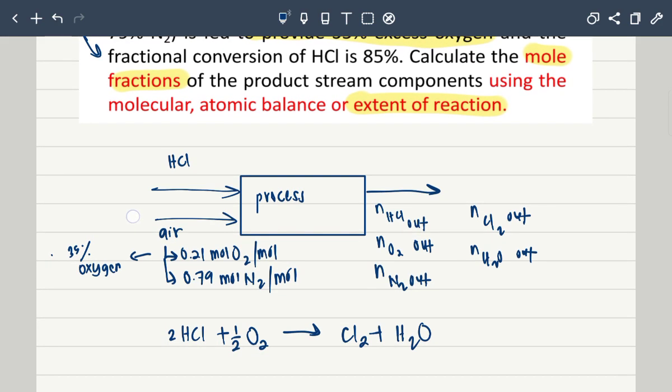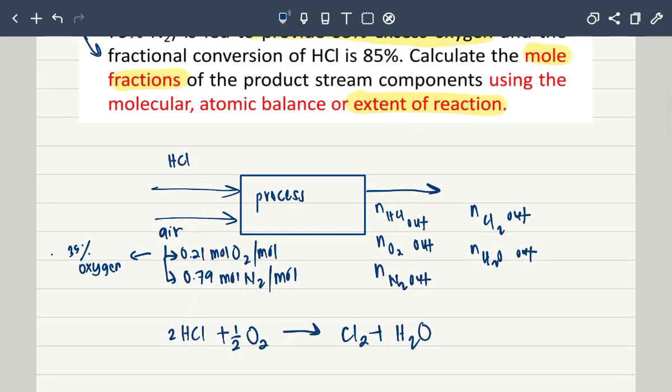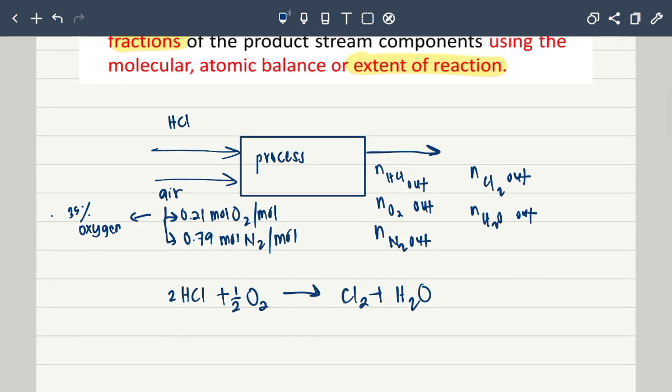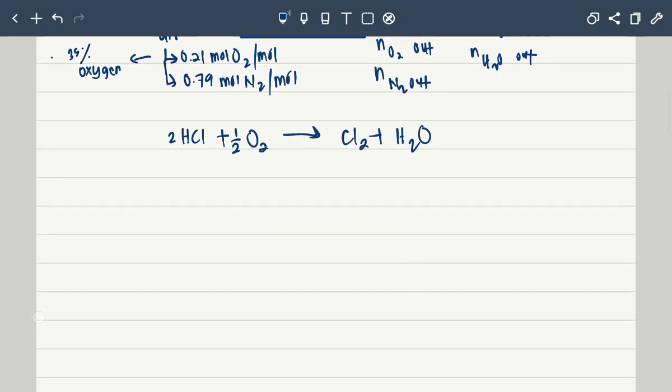So kita boleh letakkan satu daripada komponen dekat dalam input tu sebagai basis. So kita take a basis 100 mol of HCl.